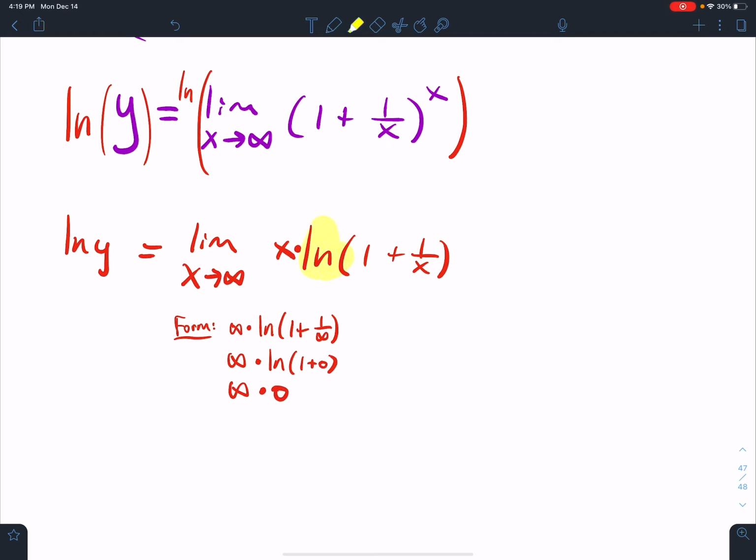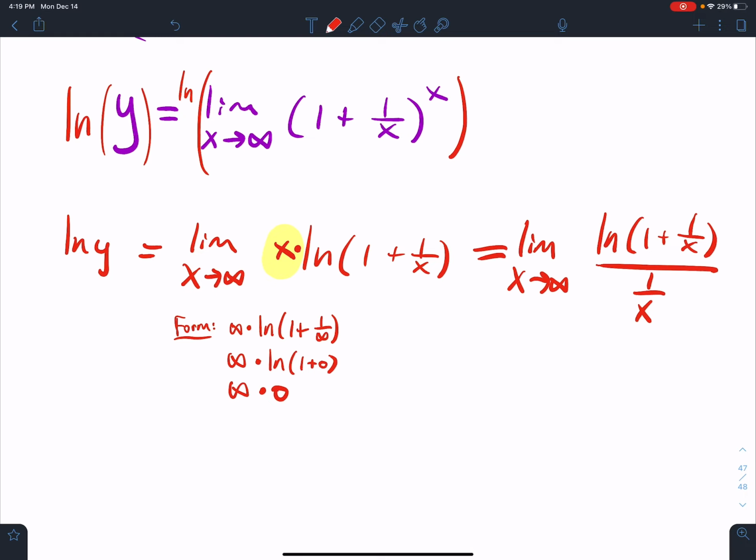But I have multiplication of two things together, so I'm going to do a reciprocal. I want to avoid doing the reciprocal of the log, so I'm going to do the reciprocal of the x here. So algebra trickery to get it to limit as x goes to infinity of ln of 1 plus 1 over x, over 1 divided by x here.